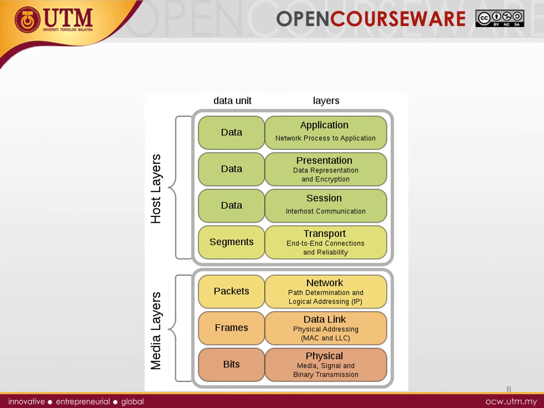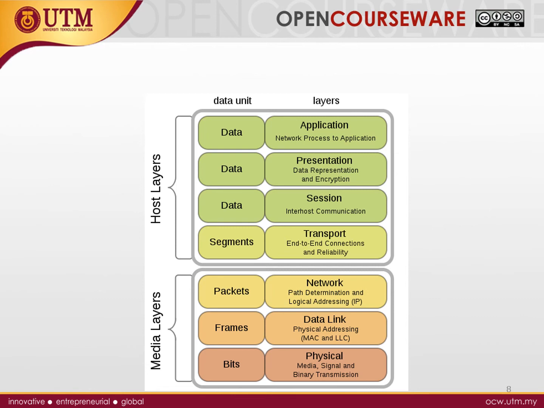This layer is also able to encrypt and decrypt the data if needed. And for the final layer, which is the application layer, this is where the application and user communicate. Application-specific protocols are used in this layer, such as SMTP, which is simple mail transfer protocol.